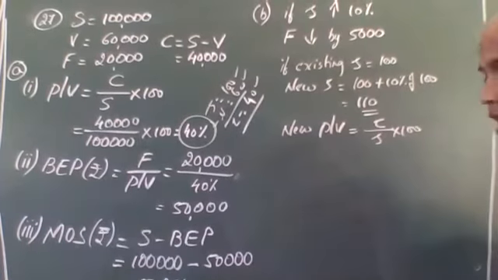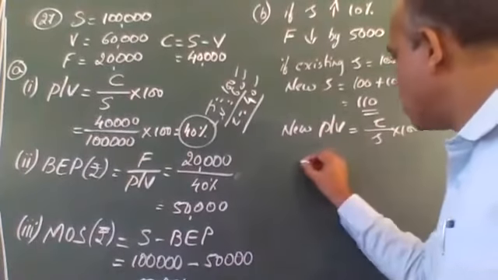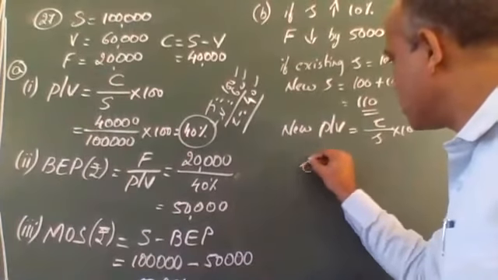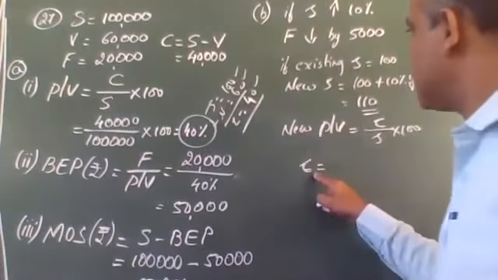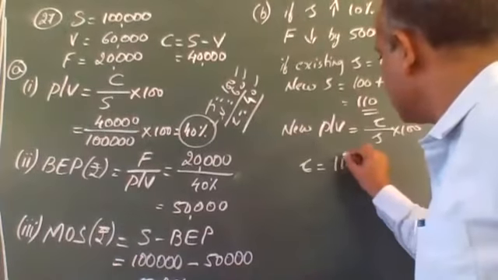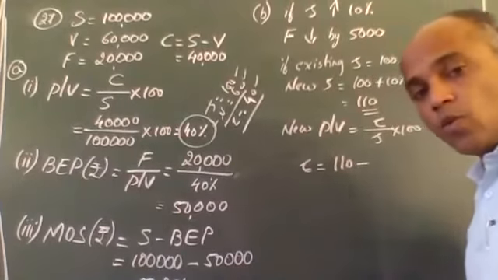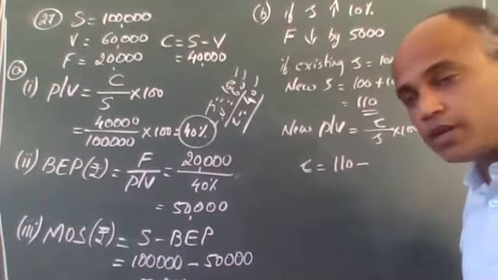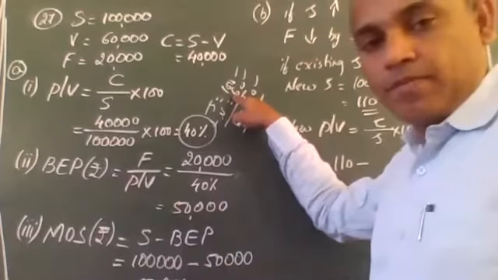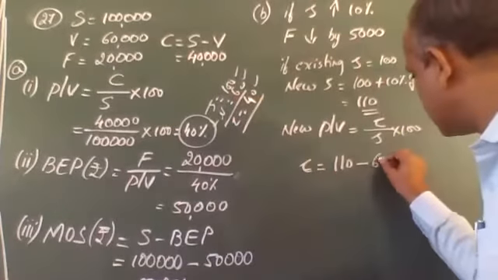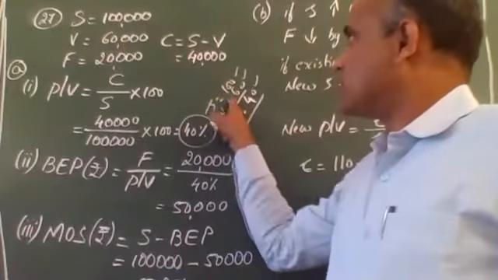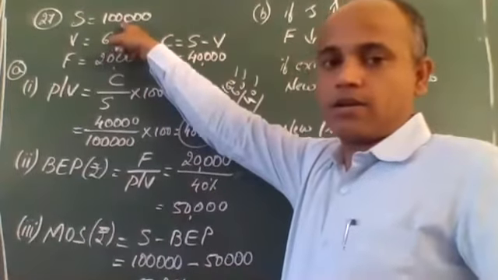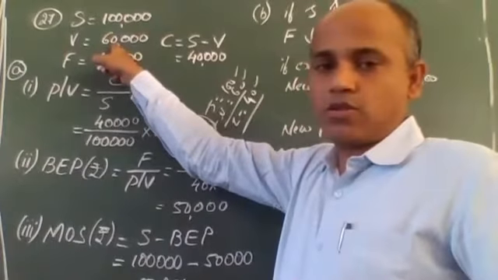Now guys, I want you to think and tell me, what is contribution per unit? How do I find it out? What is the new selling price? 110 minus what is the variable cost per unit? It was 60 and it is still 60. It was 60 rupees: 1 lakh if it is 100,000 units, divided by 1000 you get 60.